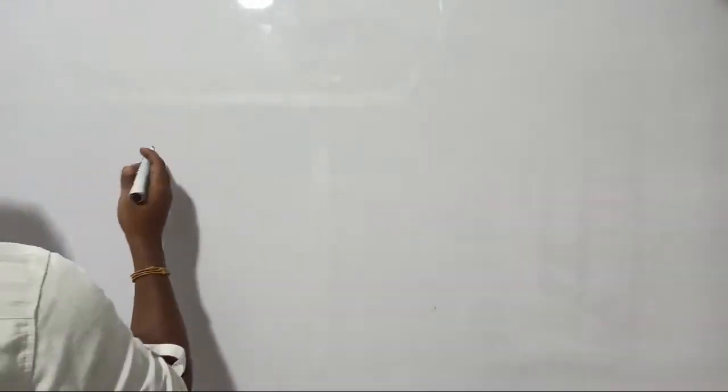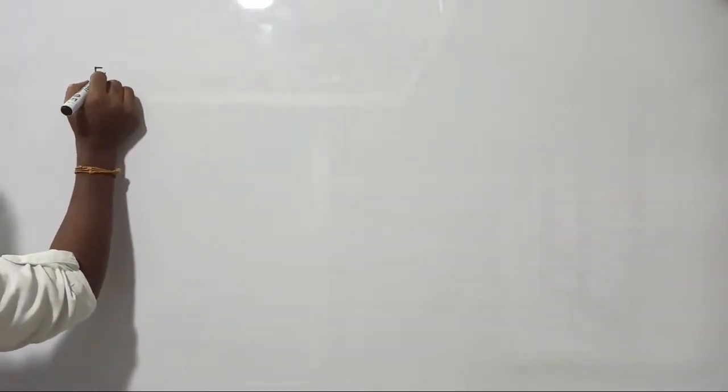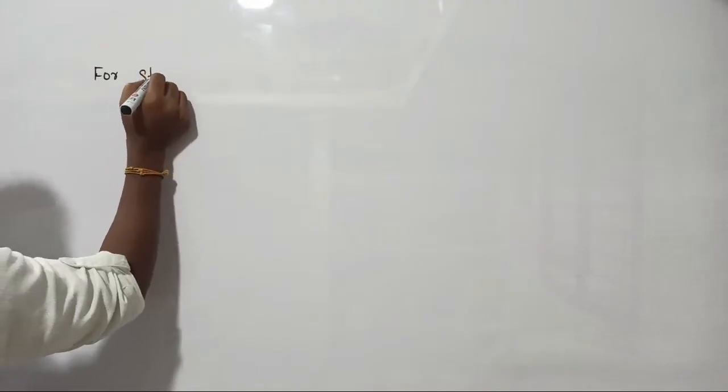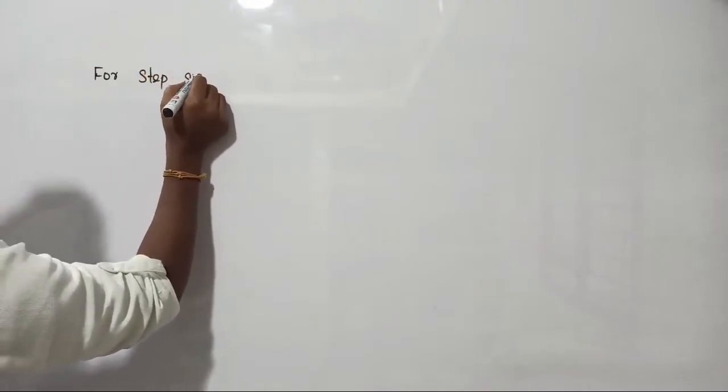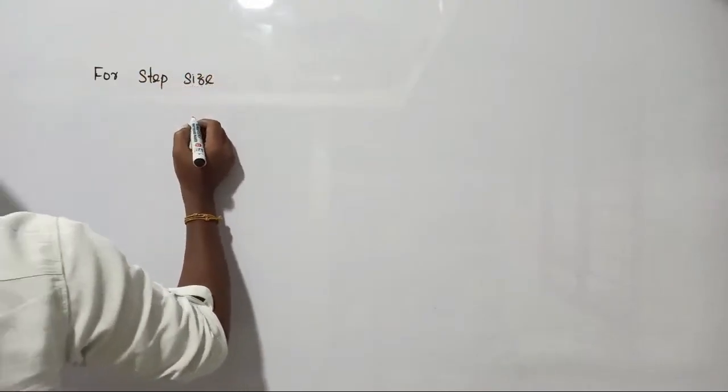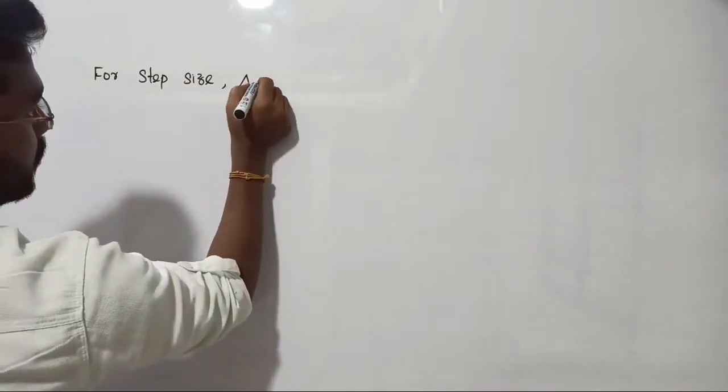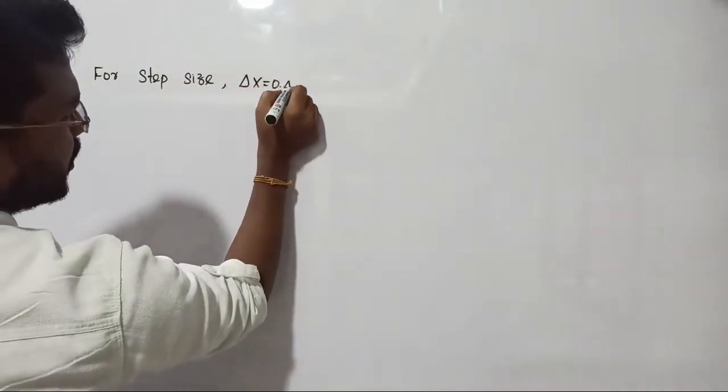Okay guys, I am selecting the question. The next one is for step size, right? For step size, del x equals 0.4. They are using del x, we are using h, right?